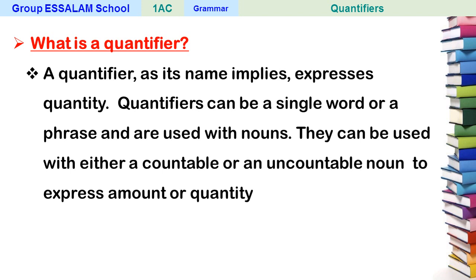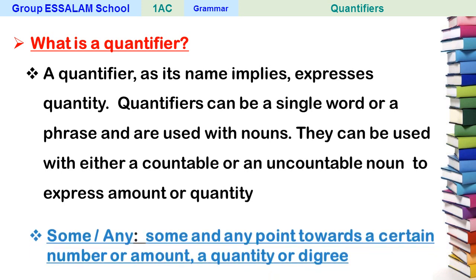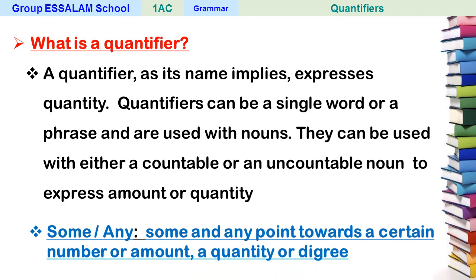So a quantifier, as its name implies, expresses quantity. Quantifiers can be a single word or a phrase and are used with nouns. They can be used with either a countable or an uncountable noun to express amount or quantity. Alright? So today we are going to focus only on some and any.